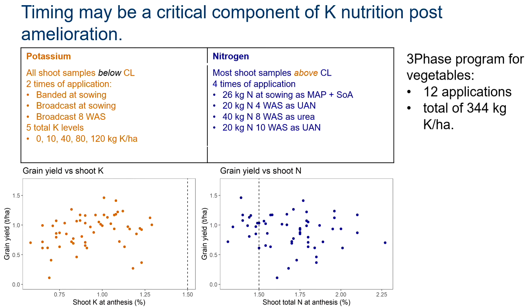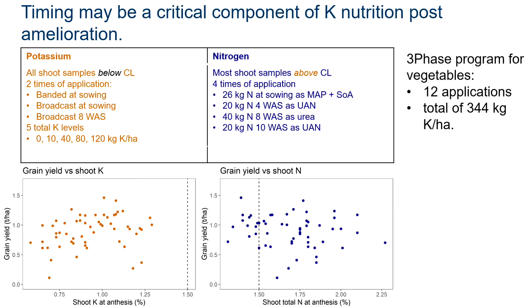On the right-hand side, you can see that most of the shoot N concentrations are at or above critical levels for shoot N at anthesis. Whereas on the left-hand side for shoot K, where it's either gone out all at sowing or split with 8 weeks after sowing, we haven't been able to maintain sufficiency. While we don't have treatments in there yet that include the 4 splits, there's certainly an indicator that timing is an important component.